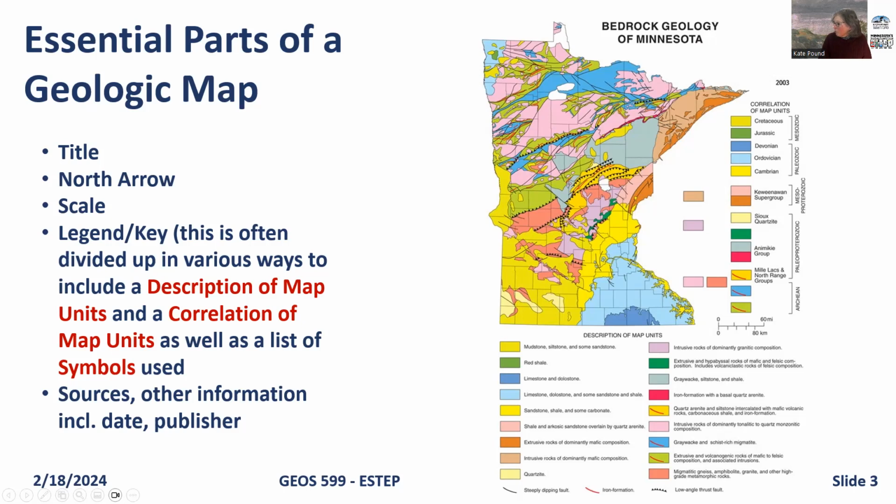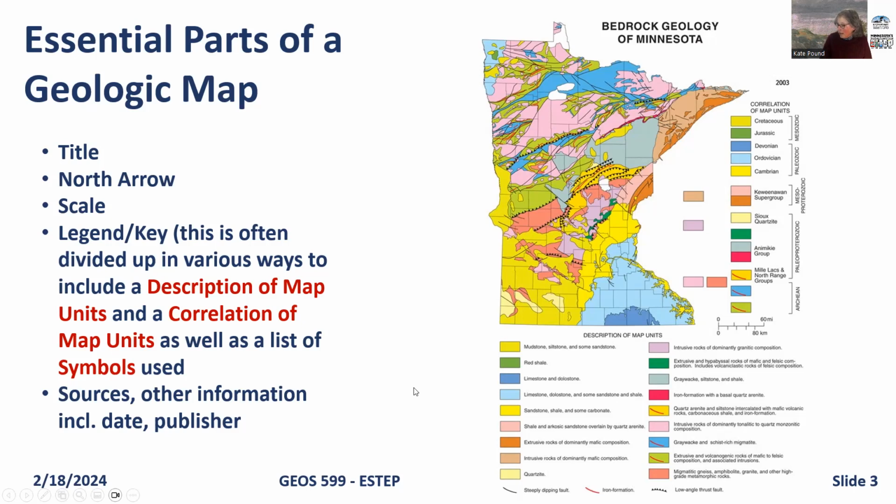Then there are also faults, those are breaks in the crust, with dark lines. And then they've chosen to highlight iron formation, a particular type of rock, with these red lines. And if you look briefly at the description of map units, you'll see that there's some iron formation in several of those units.